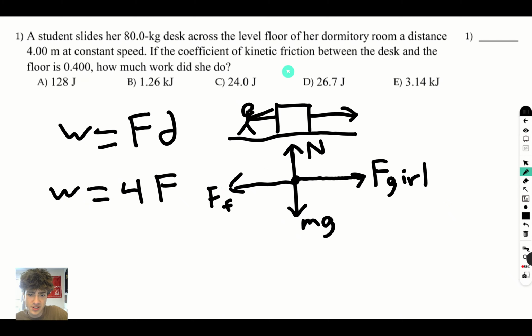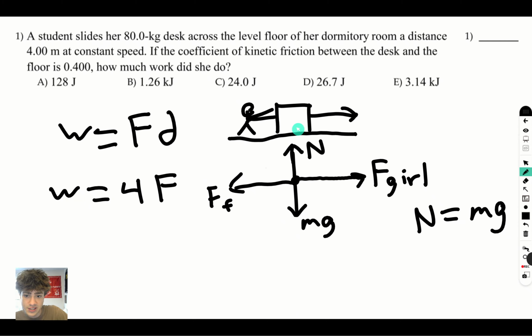Now, since the box isn't going up or down in the air, we know that the acceleration in the y direction is 0, meaning that the forces cancel out and are equal. So our N is going to be mg. And let's look at the x. It says here that the speed is constant, meaning that the acceleration is going to be 0.